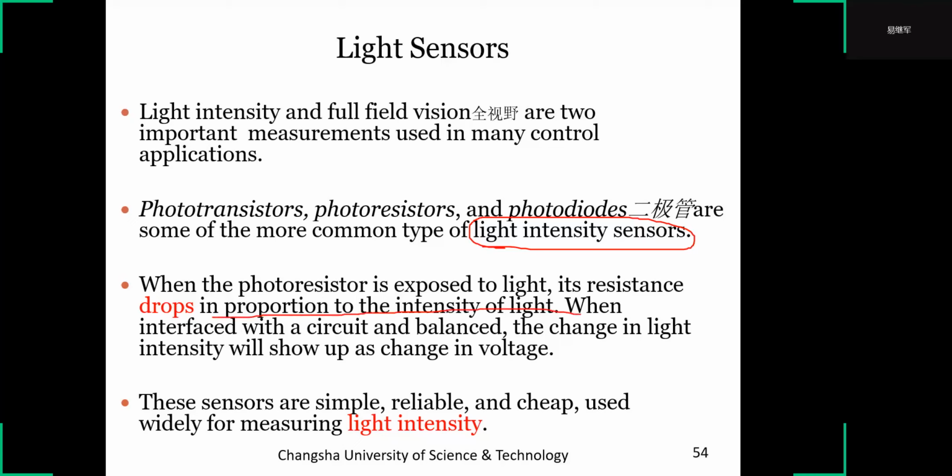When interfaced with a circuit and balanced, the change in light intensity will show up as a change in voltage.